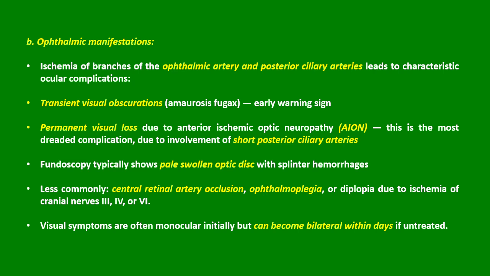Fundoscopy typically shows a pale and swollen optic disc with splinter hemorrhages. Less commonly, central retinal artery occlusion, ophthalmoplegia or diplopia due to ischemia of cranial nerves 3, 4, or 6. Visual symptoms are often monocular initially, but can become bilateral within days if untreated.